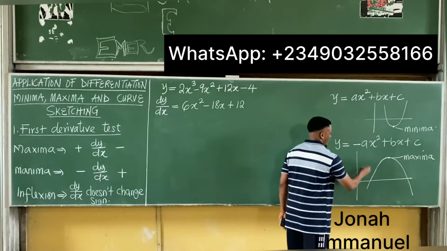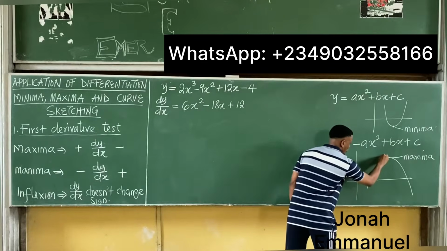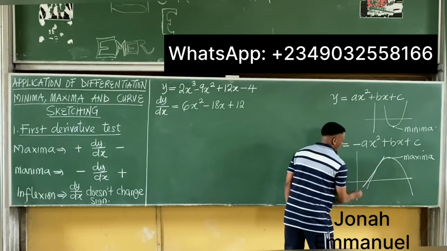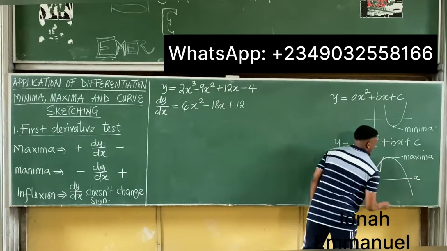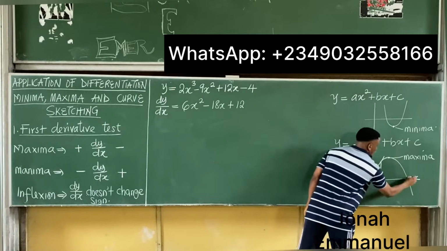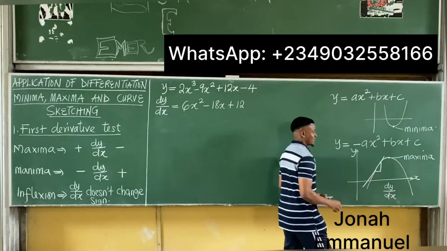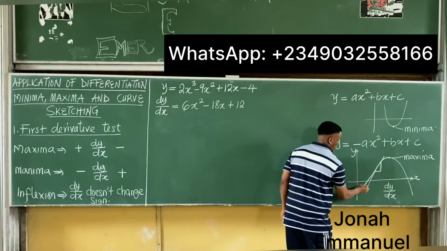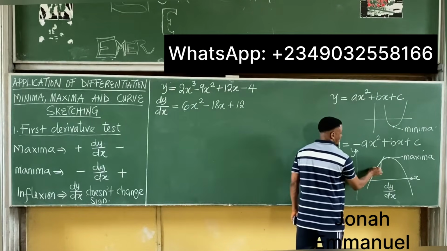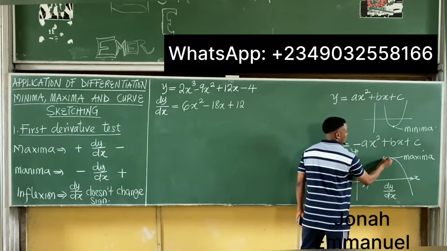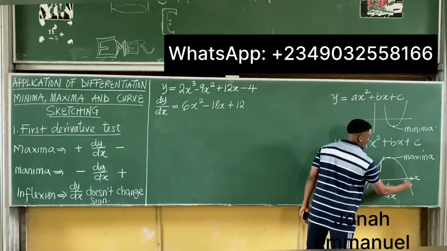In other words, if I draw a tangent to this curve and take its slope, with my x-axis and y-axis here, the slope becomes dy over dx. As I keep moving up this graph, dy over dx keeps increasing until the point where dy over dx becomes 0. That means it stops increasing and then starts decreasing.